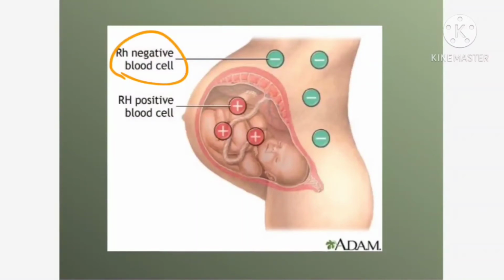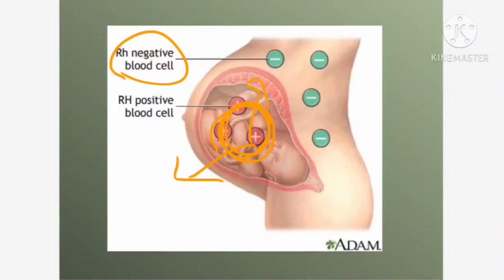But while this first baby is born, at that time, cutting the umbilical cord, blood and all will be diffused. In that case, some of the blood from the baby while giving birth would have mixed with the blood of the mother.